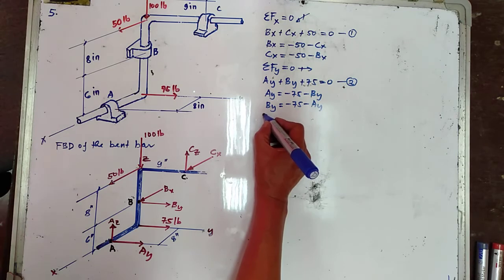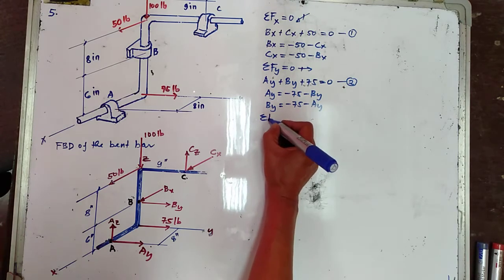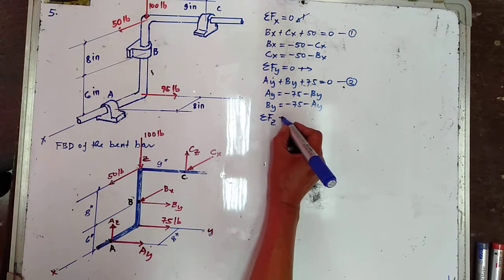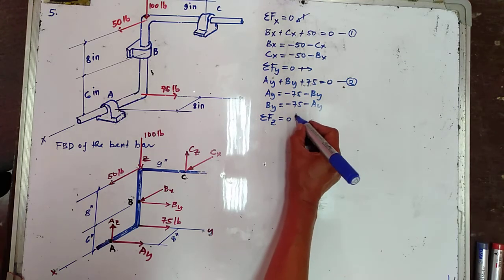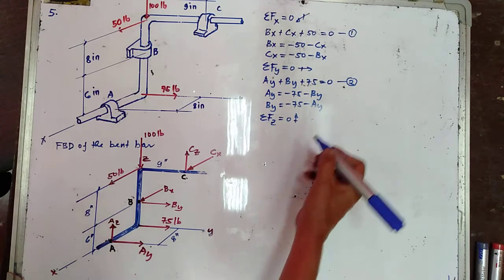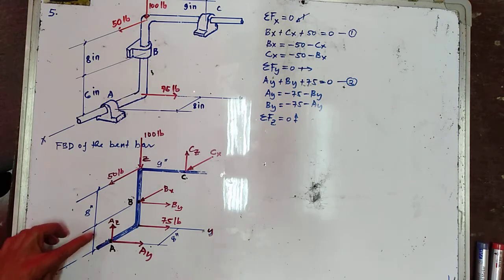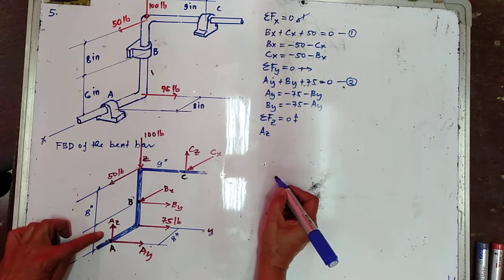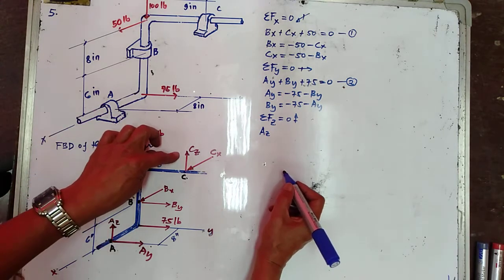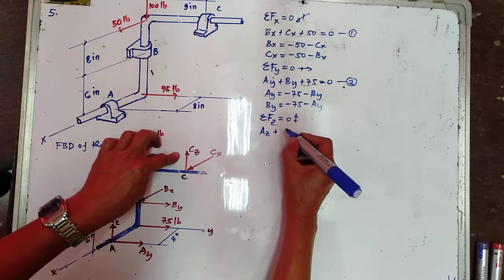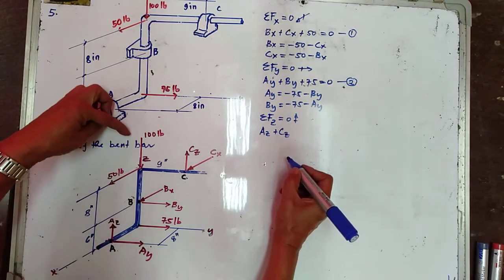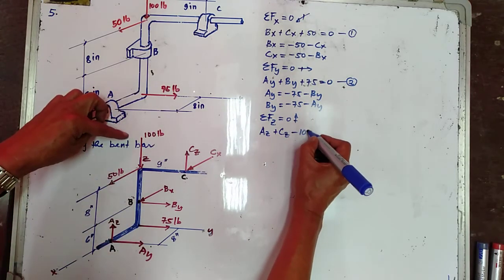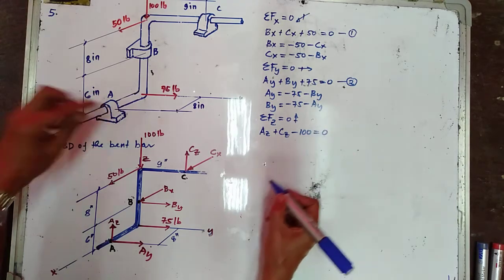Now, summation of forces in the direction of Z is equal to 0, upward forces positive. So we have your AZ plus CZ minus 100 is equal to 0.